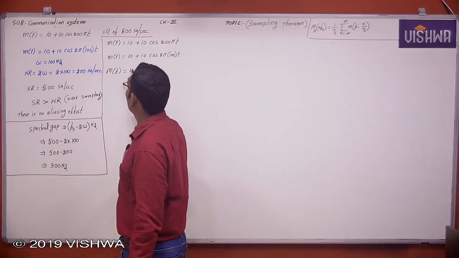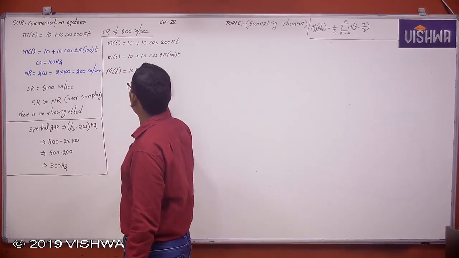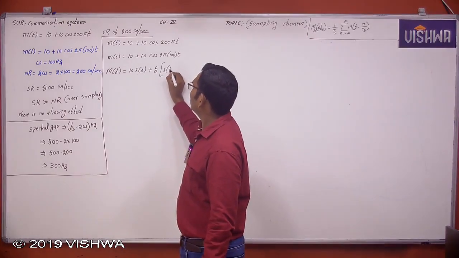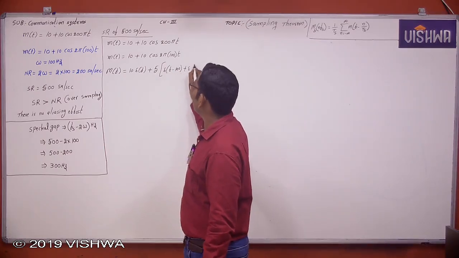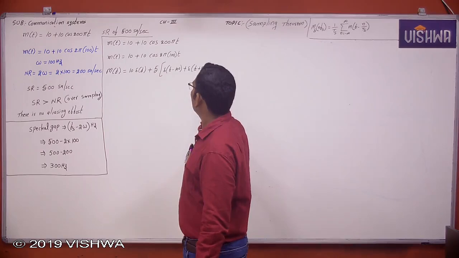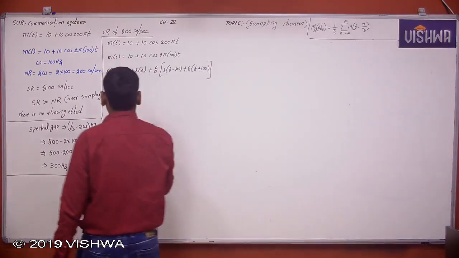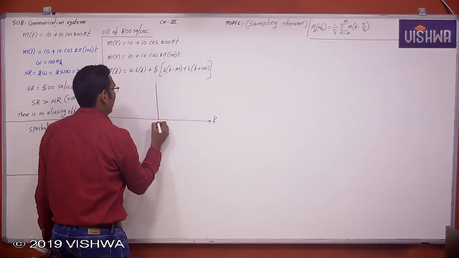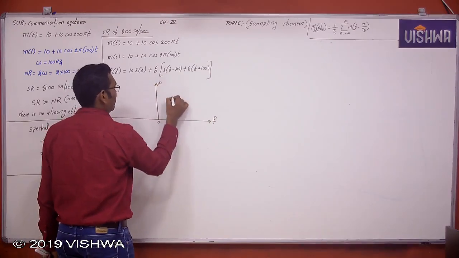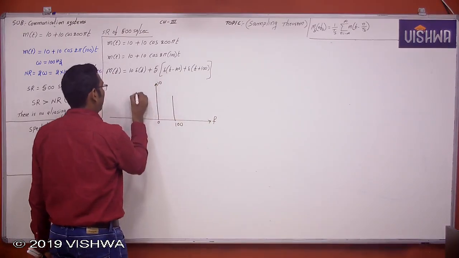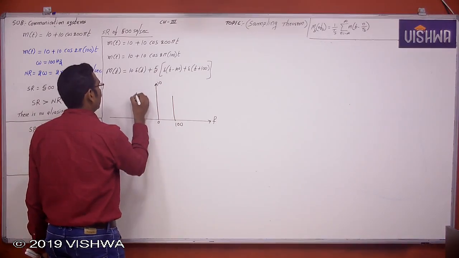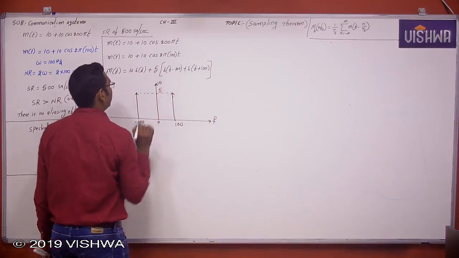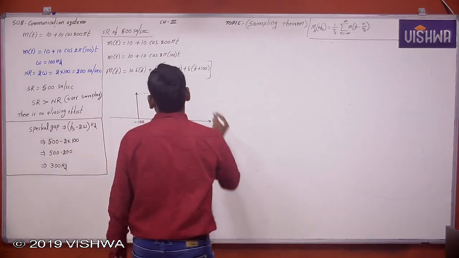M of f is equal to 10 into delta of f plus 10 by 2, which is 5 into delta of f minus 100 plus delta of f plus 100. This is the spectrum of the message signal. At 0 it is 10, at 100 and minus 100 it is 5.